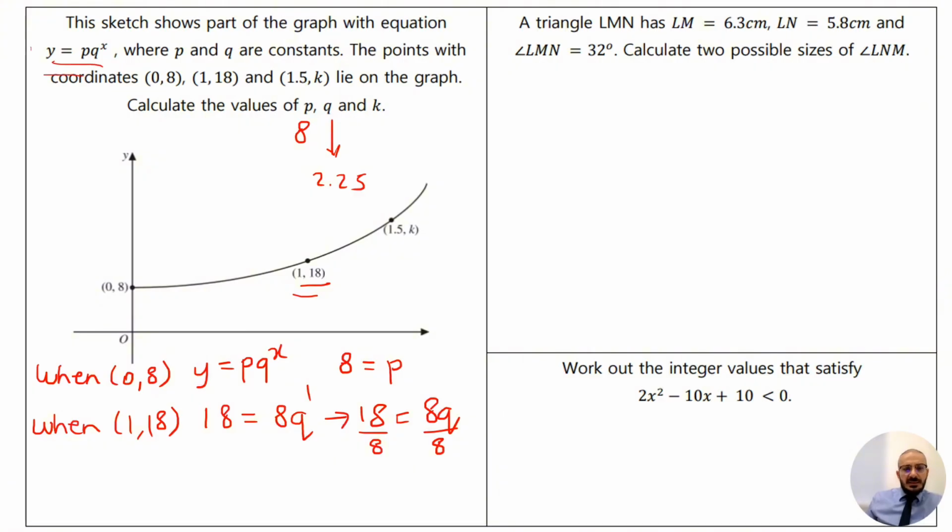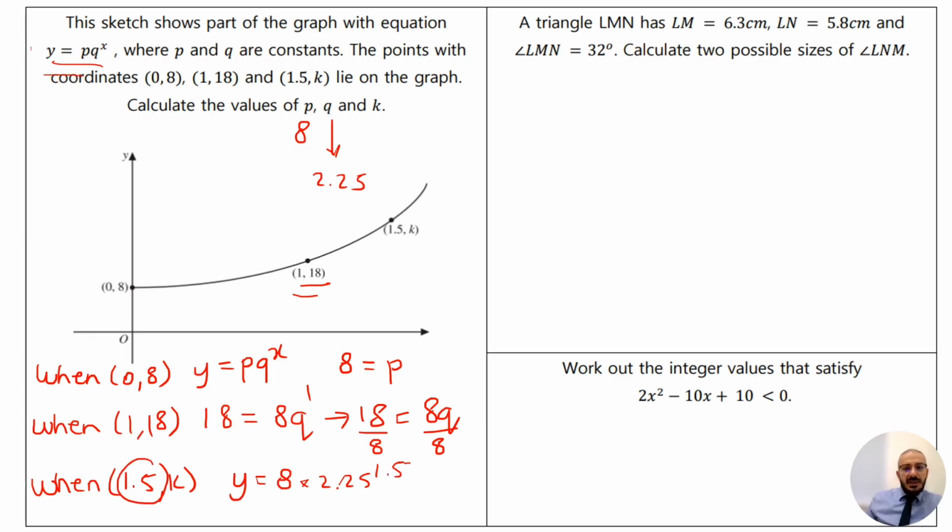For the next pair of coordinates, which is 1.5 and k, I will have y is equal to 8, I'm going to write 8 for p, times 2.25 to the power of x, where x is 1.5.